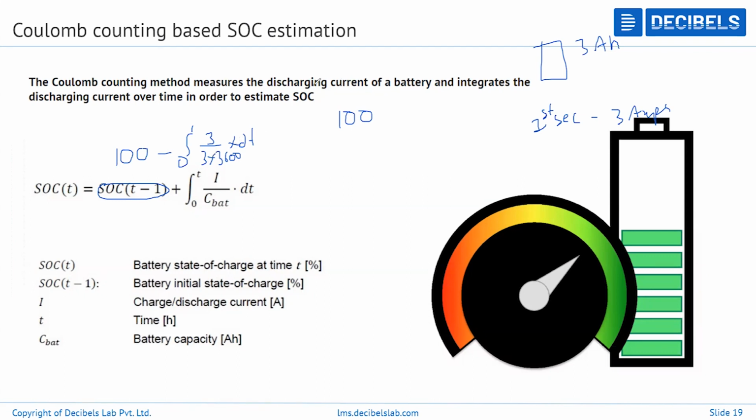If you simplify this and assume you get some random value like 0.1, and subtract it from 100, it will be 99.9. This will be the SOC at time t, that is t equal to 1.